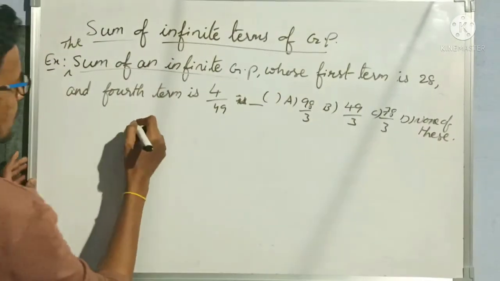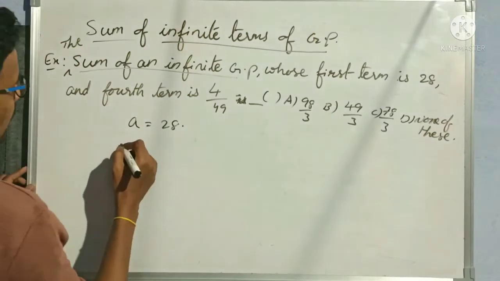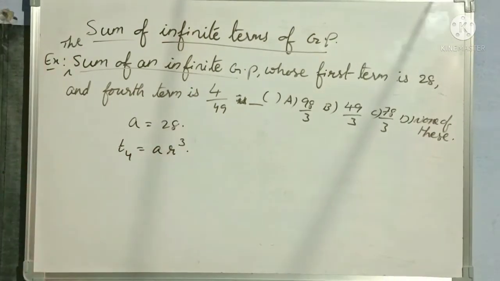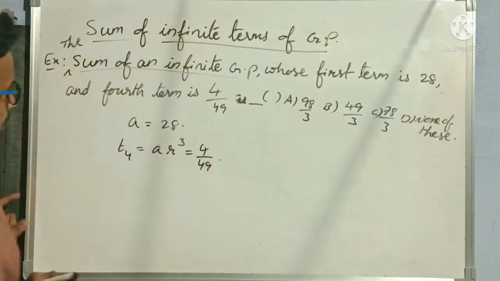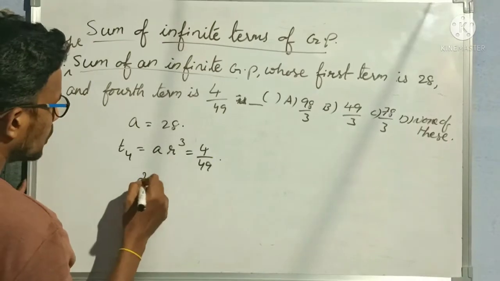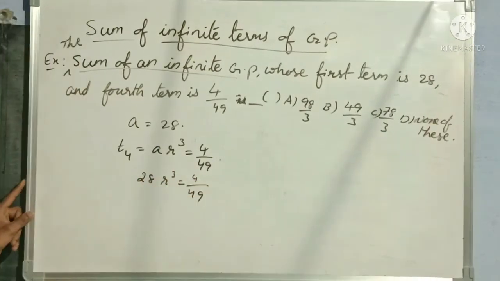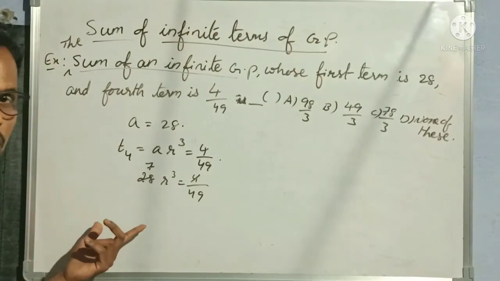So now, anyhow we know that the first term is A, so A is equal to 28. And T4 is nothing but AR cube, right? So AR cube is equal to 4 by 49. Substitute A here: 28 into R cube is equal to 4 by 49. 4 ones are 4, 4 sevens are 28.